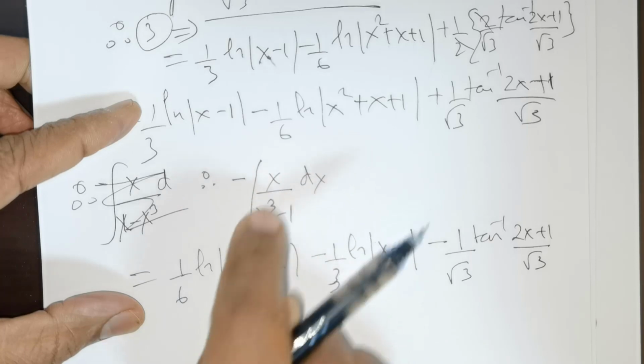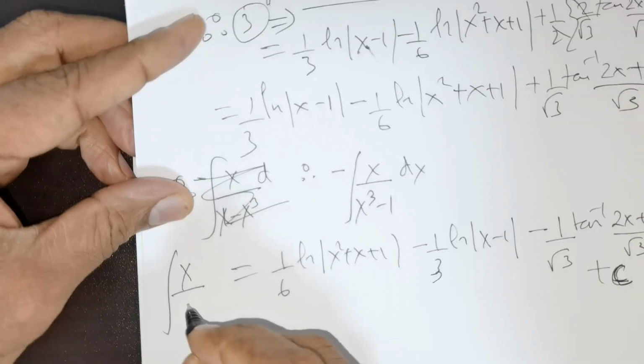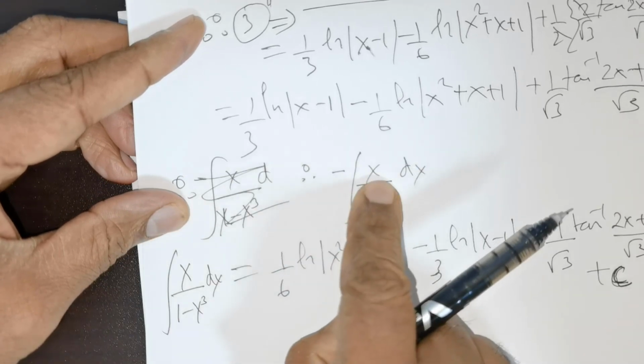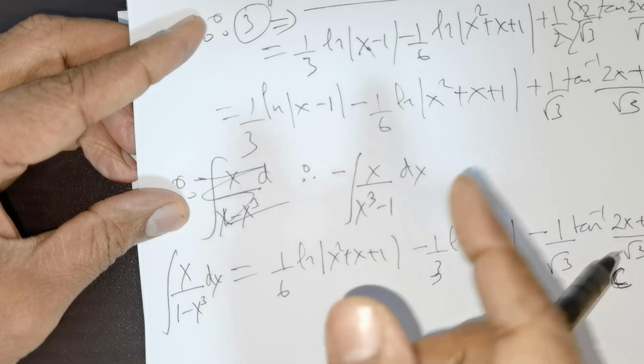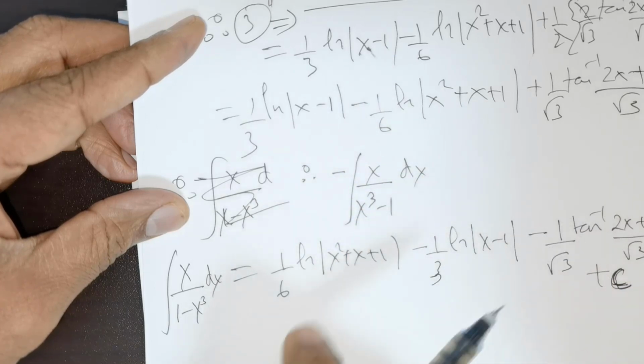So this is the integral of x over 1 − x cubed times dx with the arbitrary constant, which is apparently this representation. Because it allowed us to utilize the all important formula of a cubed − b cubed.